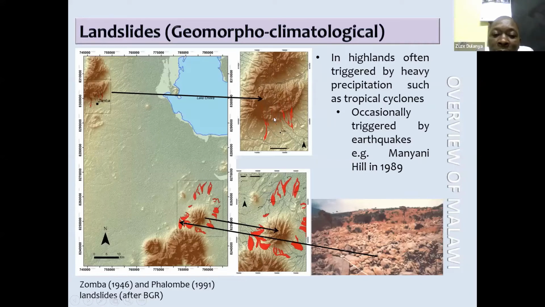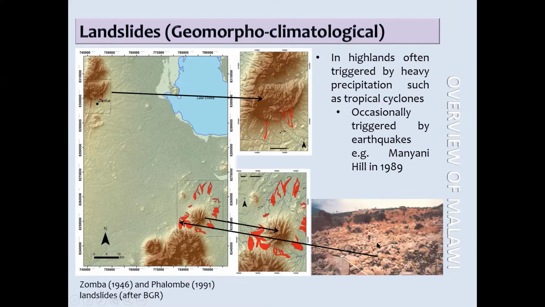But these landslides have taken place time and time again. And we have another one southeast of Zomba, a town called Phalombe, which was also devastated by a landslide event. You can see all the debris that devastated this town on this photo from 1991.